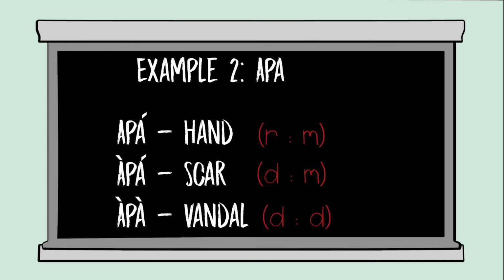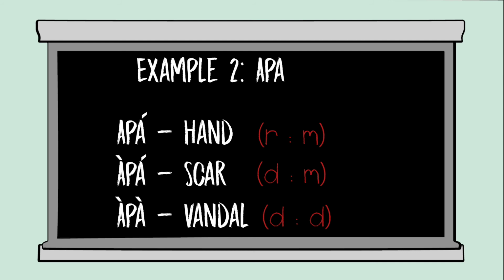Now, let us take another example. A, bi, a. If we apply the tonal marks of re, mi, we will have a, pa, which is hand. If we apply the tonal marks of do, mi, we will have a, pa, which is scar.